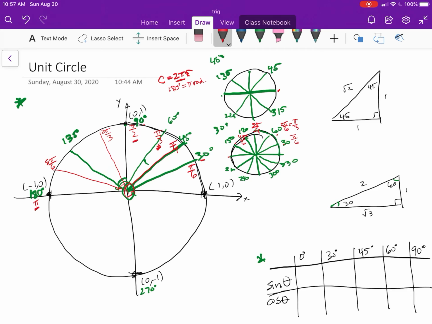So 6 over 6 is 1, and there's my 1 pi. If I add another 30, I'm at 7, right? 7 over 6, 7 pi over 6. If I add another 30, I'm at 8 pi over 6, but 8 over 6 reduces to 4 over 3. 4 pi over 3, or 4/3 pi.